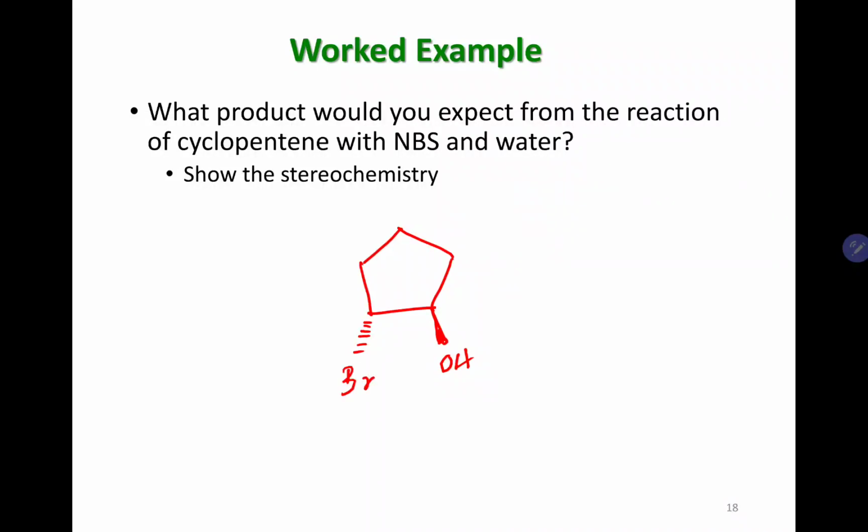Why? Because the products that you get from this reaction have to have anti-stereochemistry. How do you display anti-stereochemistry? You can easily use a wedge and dash. All right, so that is how you do it.